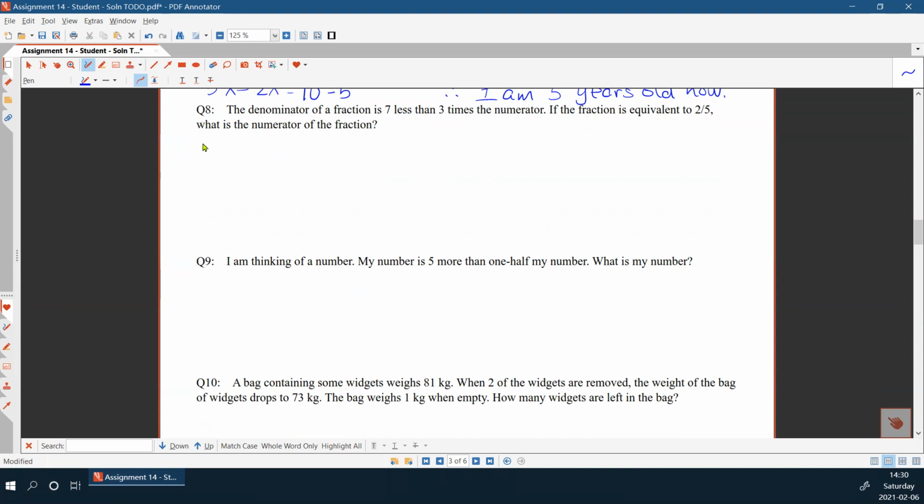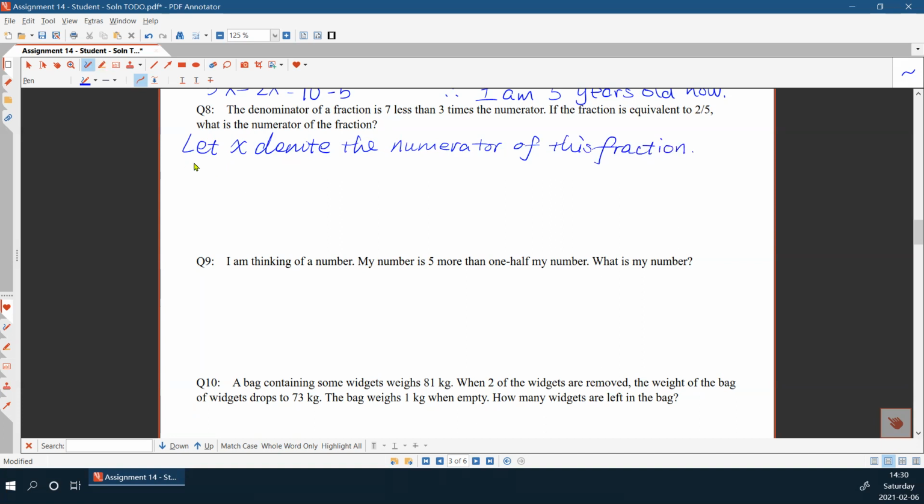And you don't know this quantity. So we can use letter X to denote the numerator of this fraction.